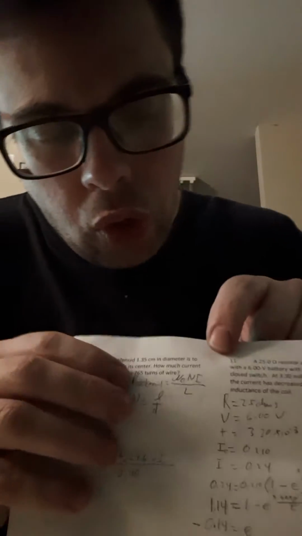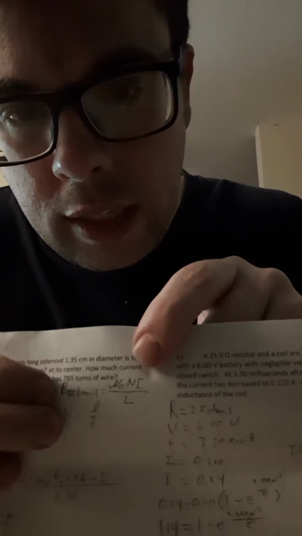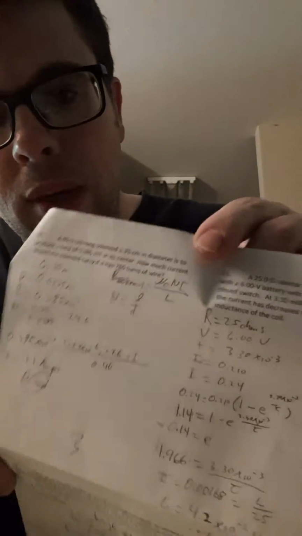Again, my equation that I used for the solenoid is mu naught, number of turns, current of the wire, divided by the length. All I have to do is plug in what's given, including 765, not 29.6, which I thought I had to come up with.